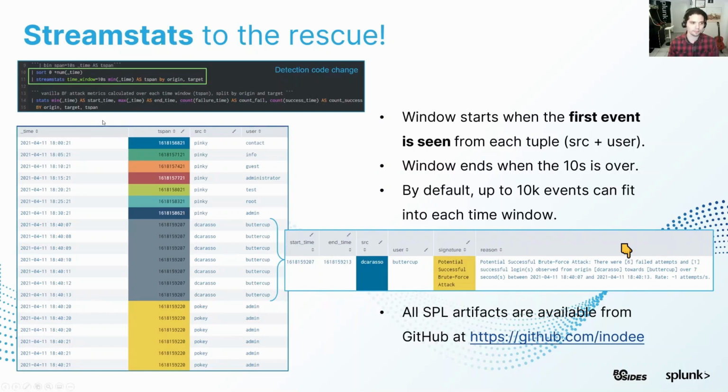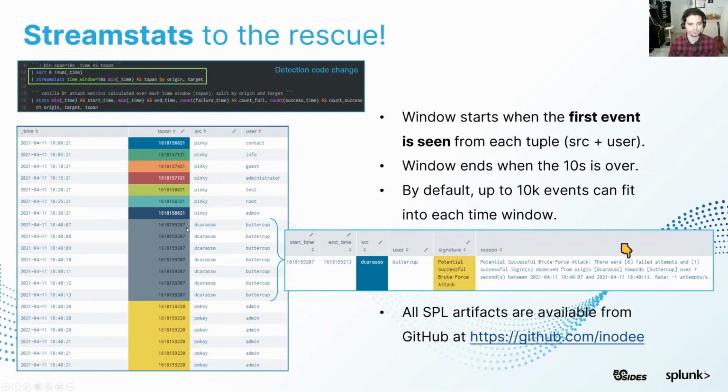If I do that, this is the output of the streamstats, just to demonstrate that the time span is different. It's not bound, it's not snapping to the 10th second. You don't see the 0 there, but you actually see the first time if you construct the streamstats this way with min_time as tspan.